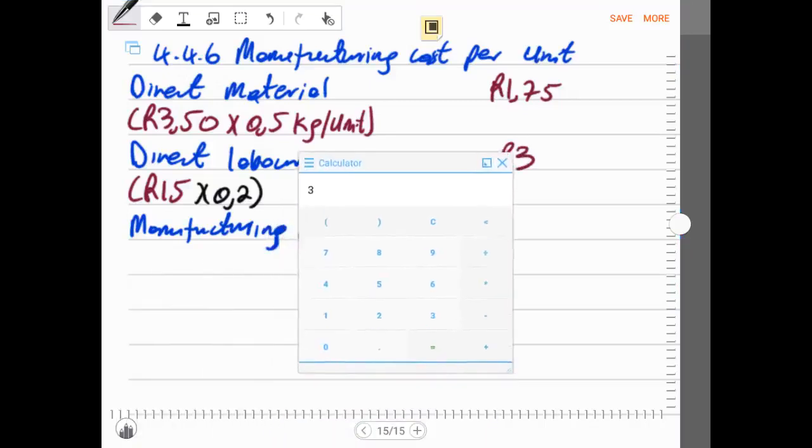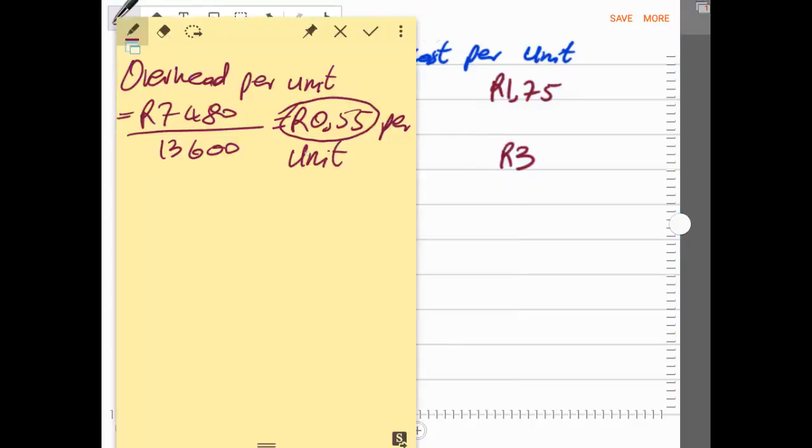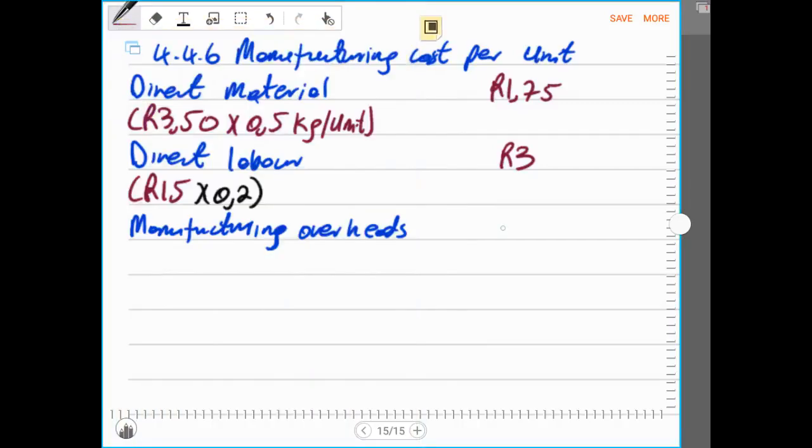Our overheads were already per unit, if I still remember. When you come to our overheads, we calculated 55 cents. That was our overhead per unit, not per labor hour or per anything, it was already per unit, meaning that our overheads are just 55 cents.